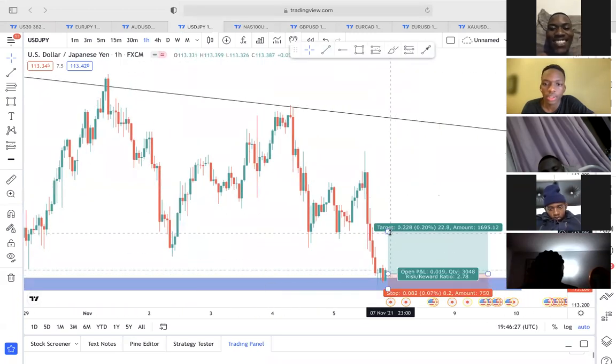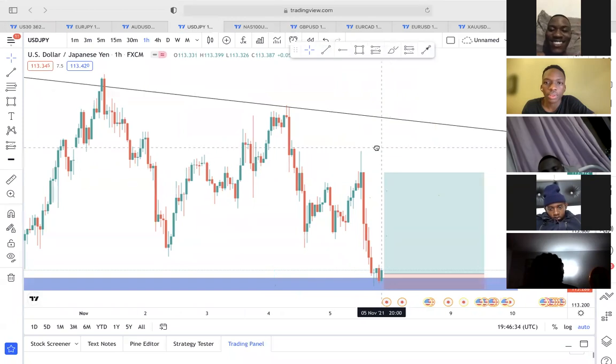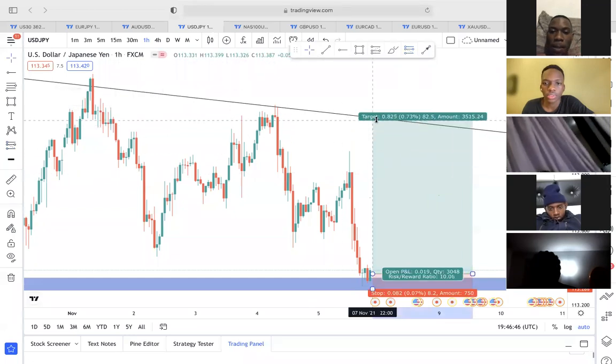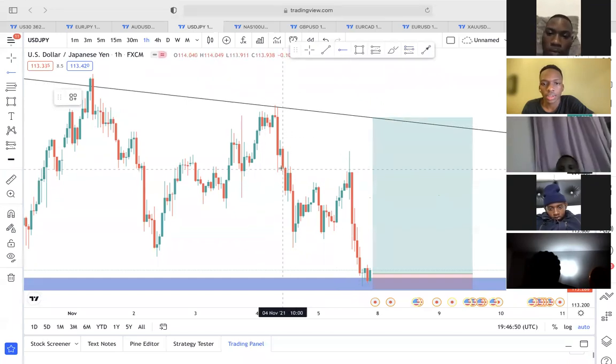Draw my target in, and then the target will obviously be either this high, this previous high over here, or... how do I do this? Okay, wait, I want to add 2. Okay, just do this. First target can be over here.